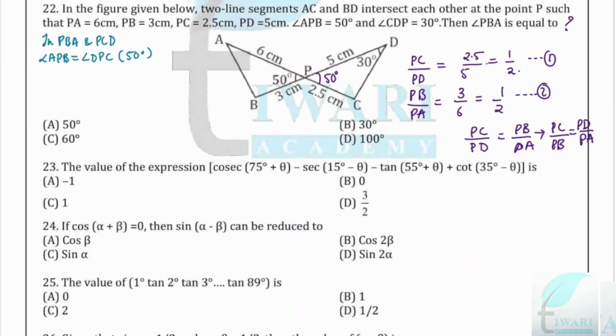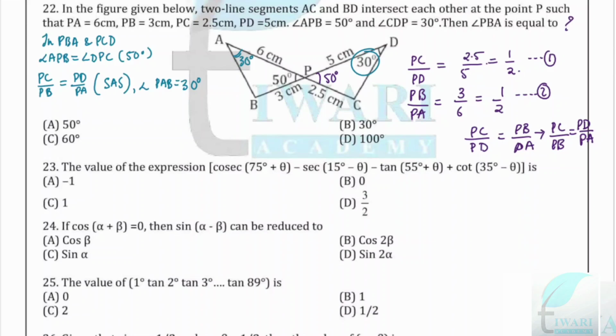And by equations 1 and 2 we got PC by PB is equal to PD by PA. So by SAS criteria, both the triangles are similar. And if both the triangles are similar, we can write that angle PAB is equal to 30 degrees, because this is also 30 degrees.